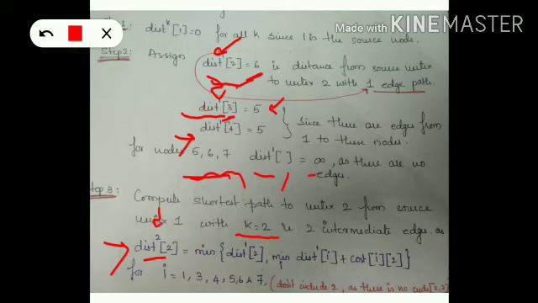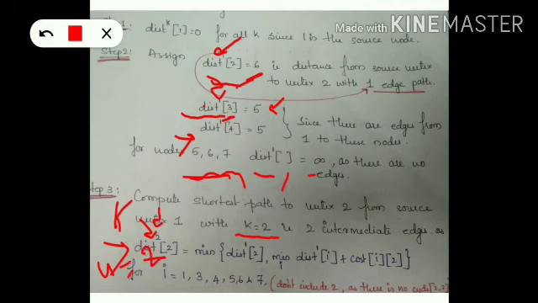So I'll make use of the recurrence relation, which is given as the minimum of dist^(k-1)[u], minimum of dist^(k-1)[i] plus cost[i, u]. Here k's value is equal to 2, so k minus 1 is 1, and u's value is 2.